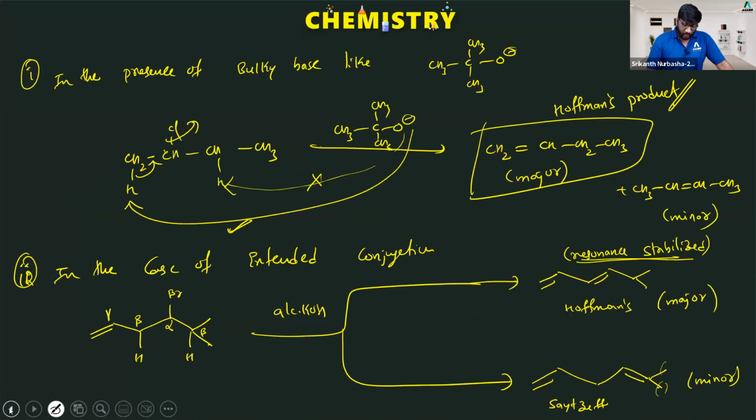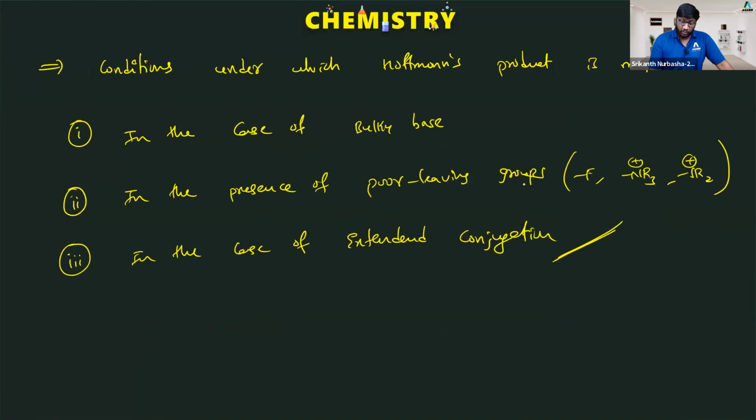Okay, here is the statement. In the case of a poor leaving group, you cannot say Hoffman's product is always obtained.